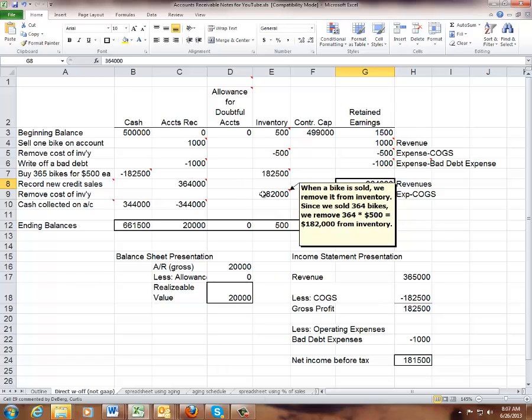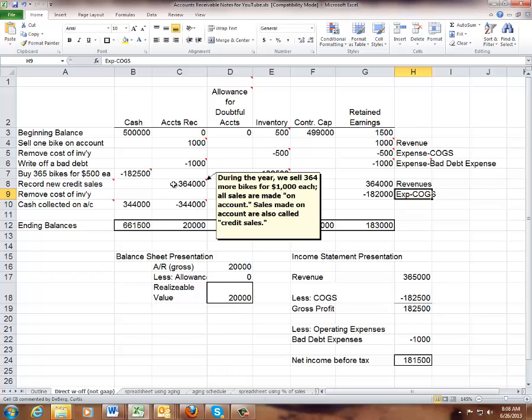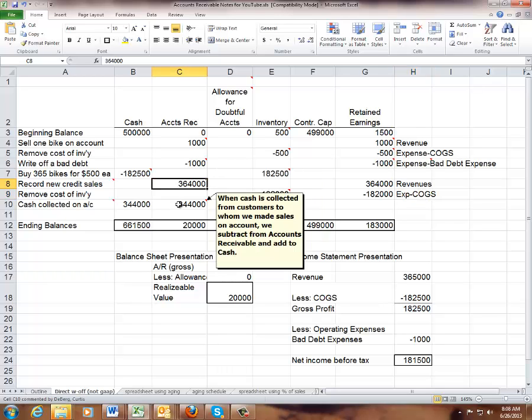Hence, 364 bikes times 500 is 182,000, and we subtract the same amount from retained earnings as cost of goods sold. Now, during the year, we increased receivables by 364,000, but we collect most of them.